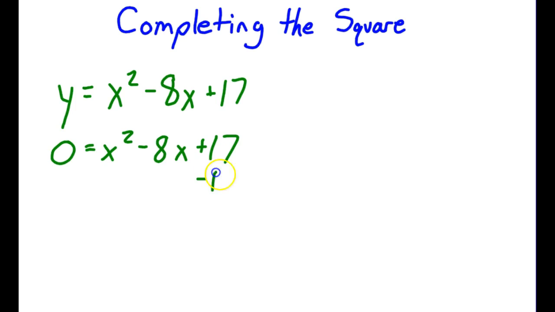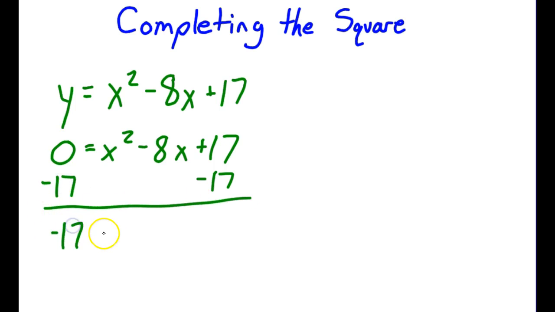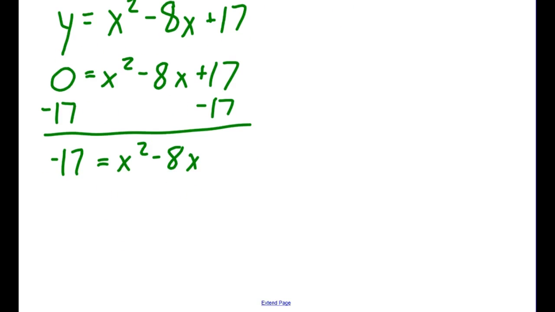So in this case, I would subtract 17 to the other side of the equation. -17 equals x squared minus 8x. And I'm actually going to rewrite this as x squared minus 8x equal to -17. It's probably just easier to learn it with our x terms on the left side of the equation.